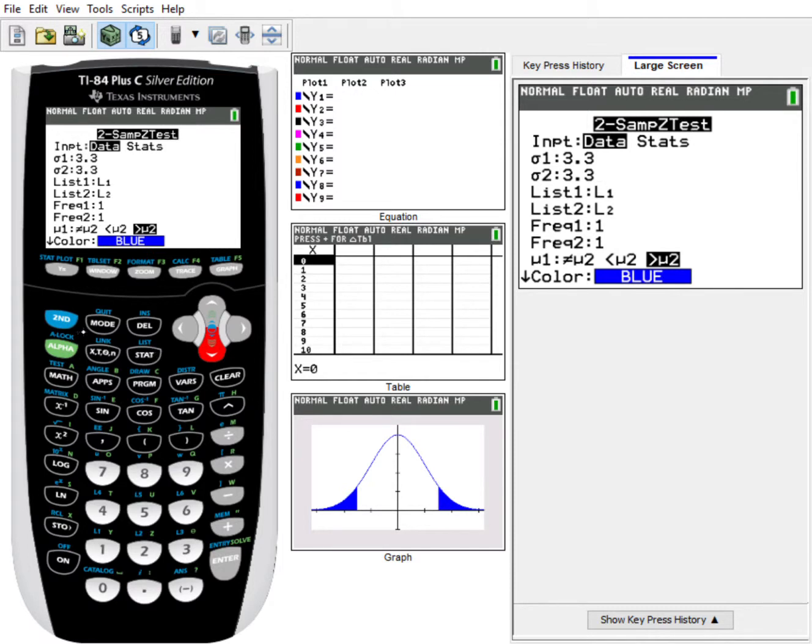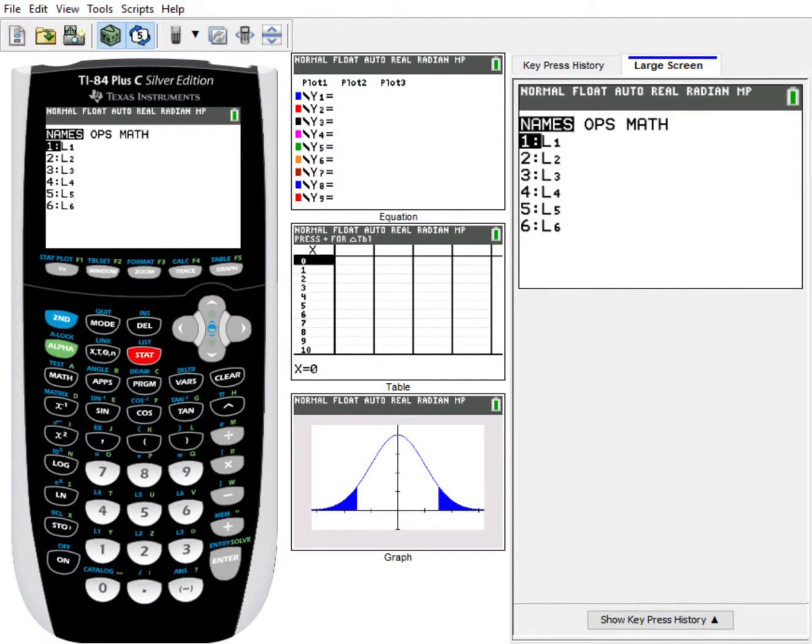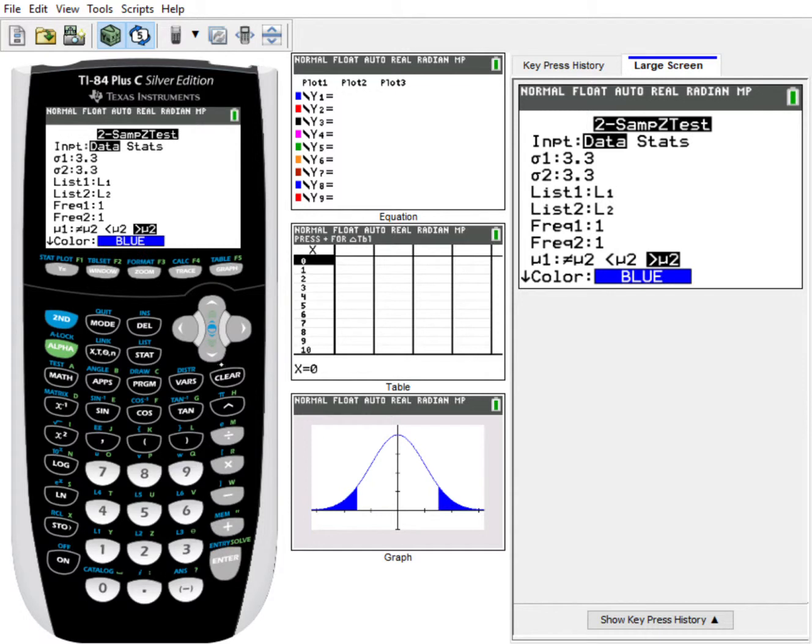So you'll go second list, and then you can choose L1, L2, L3, or whatever other ones that you have. If you're going to go down, keep frequencies at 1. You have a choice between a two tail, a left tail, or a right tail. Make sure to run a correct tail test.